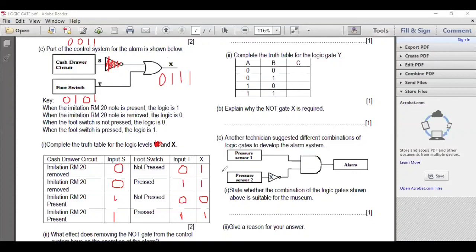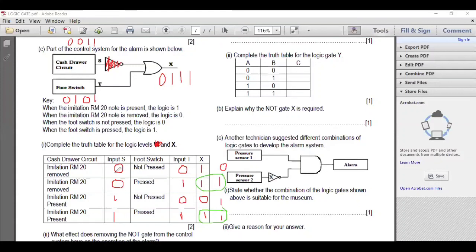So your output now becomes 0, 1, 1, 1. This is still the same with the NOT gate, so we don't talk about this. This also is still the same as with the NOT gate. We don't talk about this.